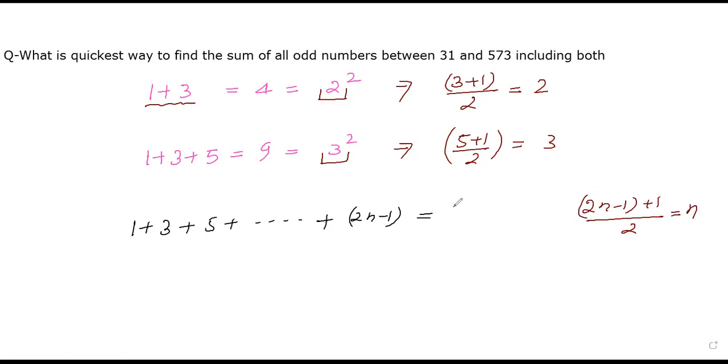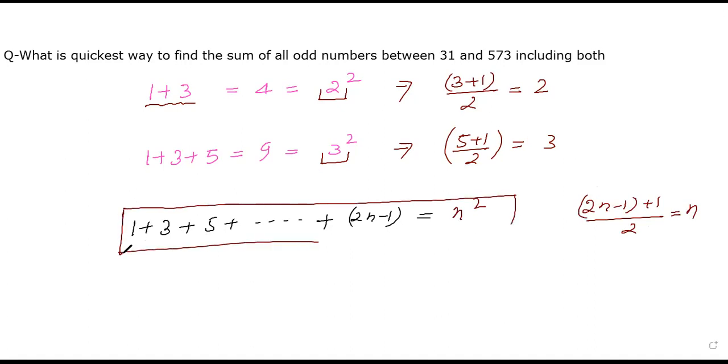So this summation will be equal to n square. So what is the formula for the sum of the first n positive odd numbers? It is n square, right?